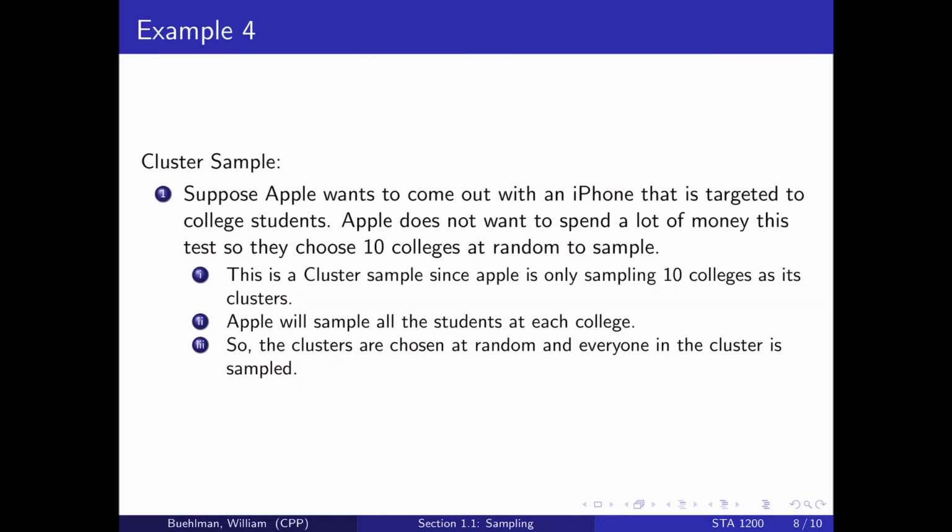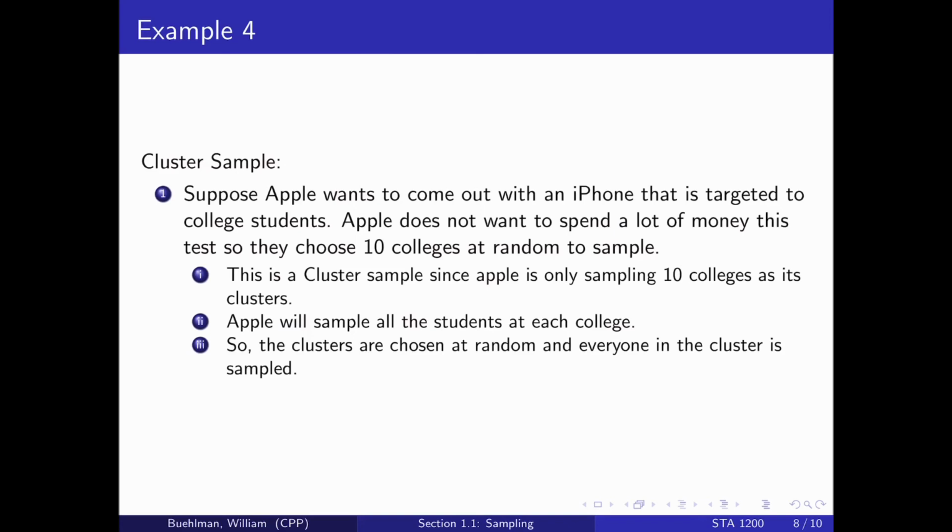So next we have a cluster sample. So suppose Apple wants to come out with a new iPhone that's targeted towards college students, but Apple doesn't want to spend the money in having to go to every college and sample all the students. That would be impractical, it'd be very difficult. So what Apple's going to do is they're going to pick 10 colleges at random and then do their samples from there.